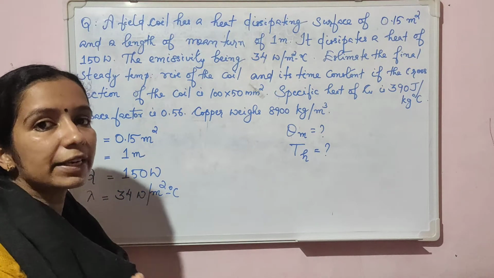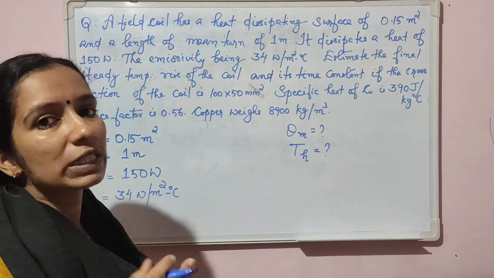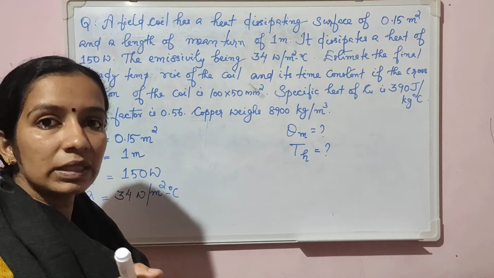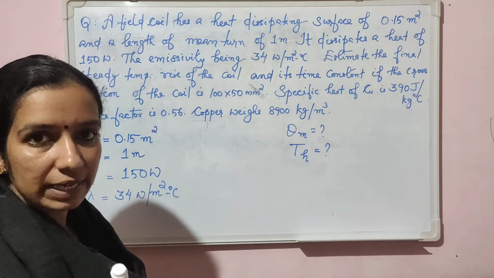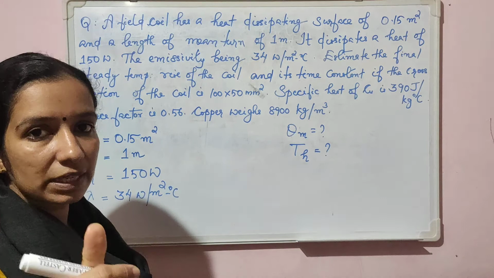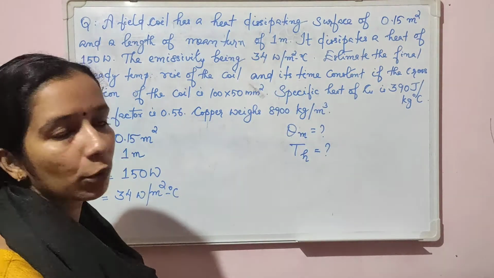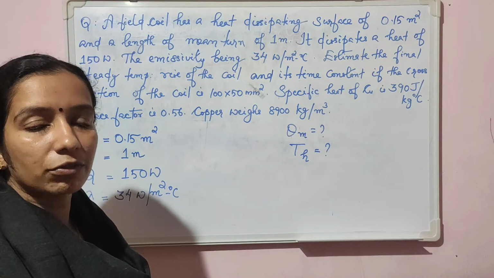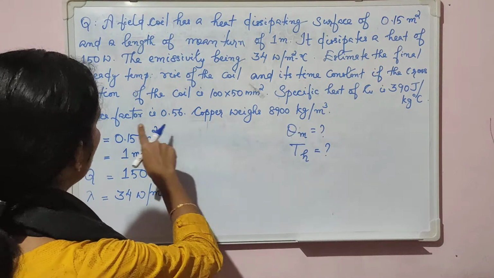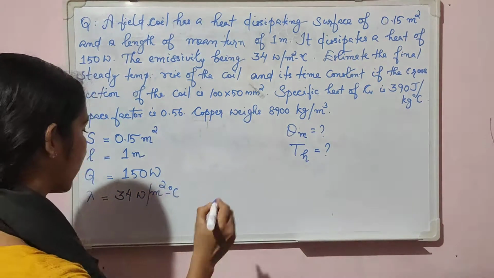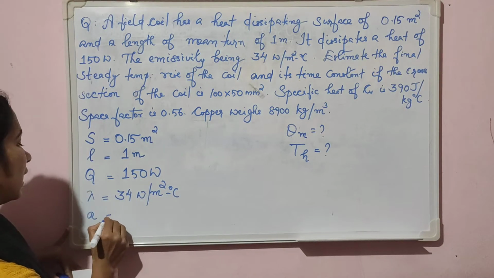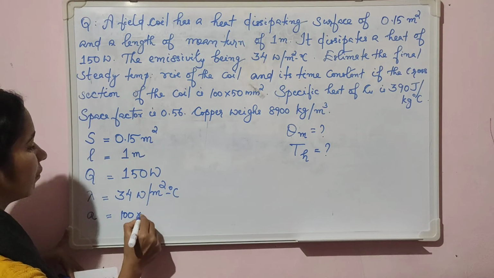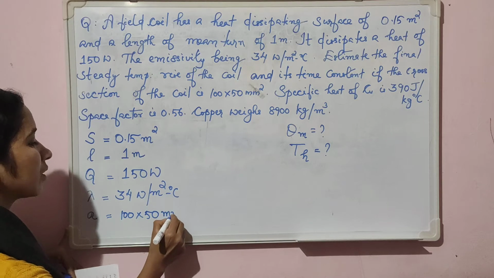So cross sectional area of the coil. It is not the dissipating surface area. S is the dissipating surface area which is already given as 0.15 meter square. So the cross sectional area of the coil is how much? 100 by 50 mm square. So A, cross sectional area, is 100 by 50 mm square.